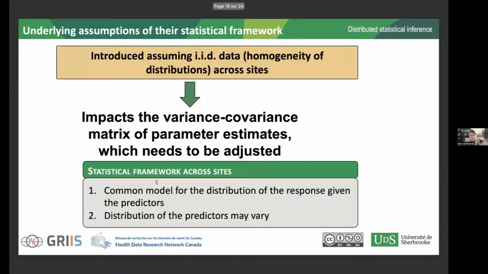Of course, I'm not going to show the algorithms, but when we assessed the underlying assumptions of the methods, we found that the methods that were proposed all assumed IID data and homogeneity of the distribution across sites. So what we did is that we adjusted those methods to make them appropriate to the healthcare context.